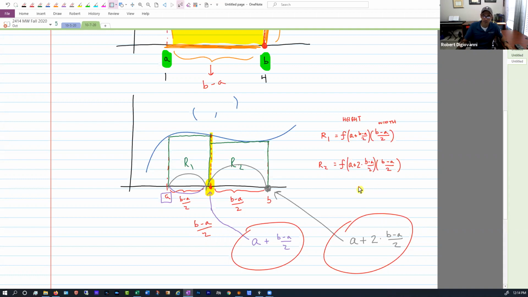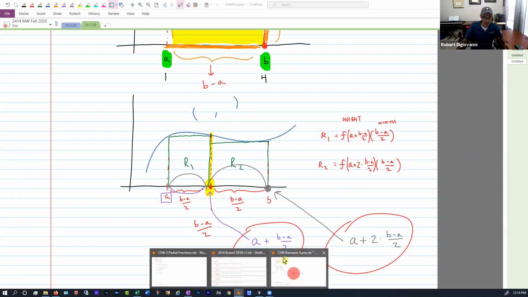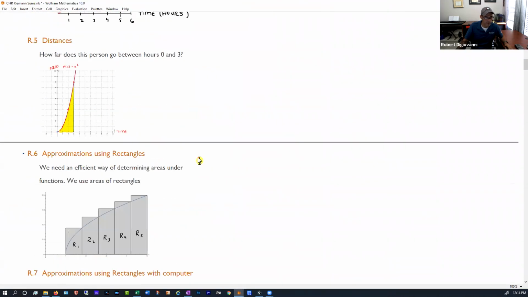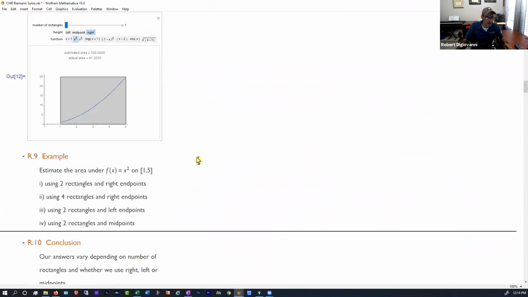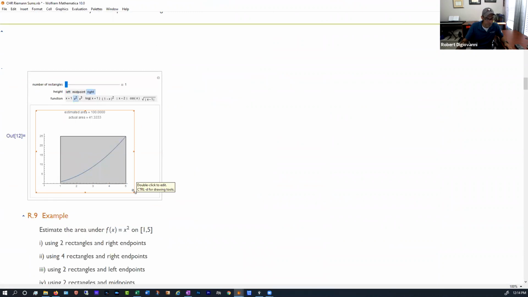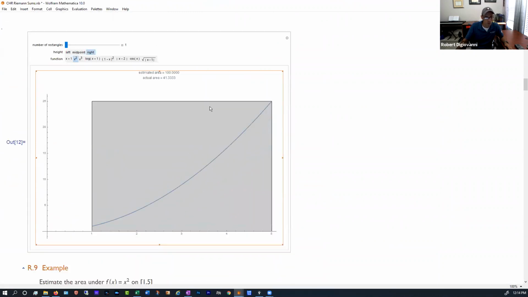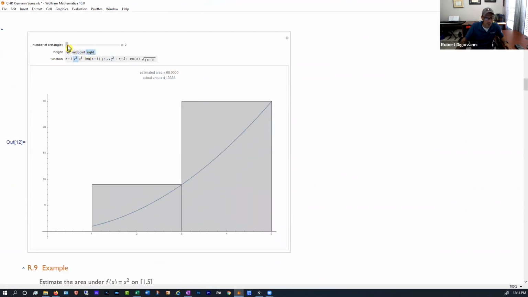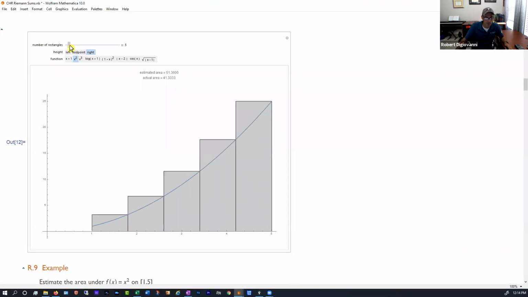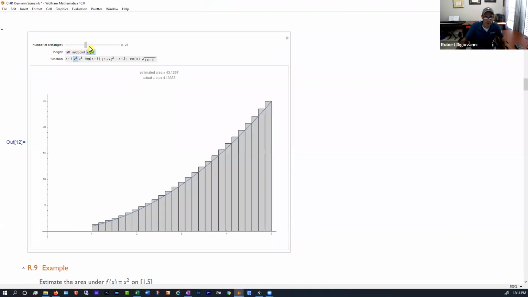All right. We need more rectangles. 2 is not enough. What we're trying to do is get something like this going. We're trying to have a function where we start breaking it up into 2 pieces, 3, 4, 5, 6, 7, 8, 9, 10, right?